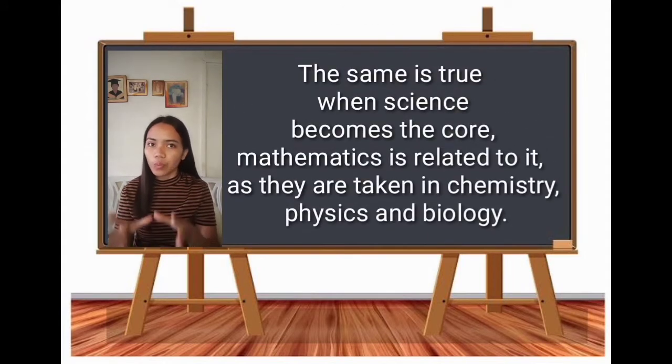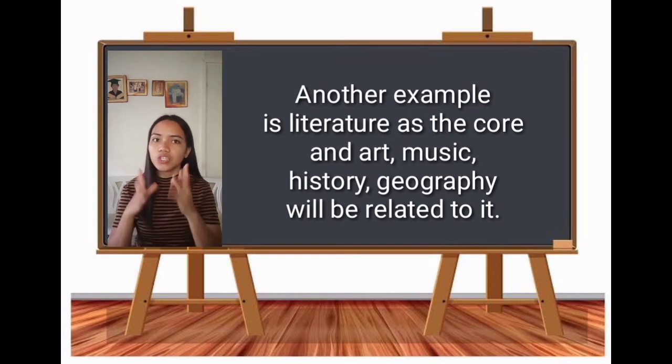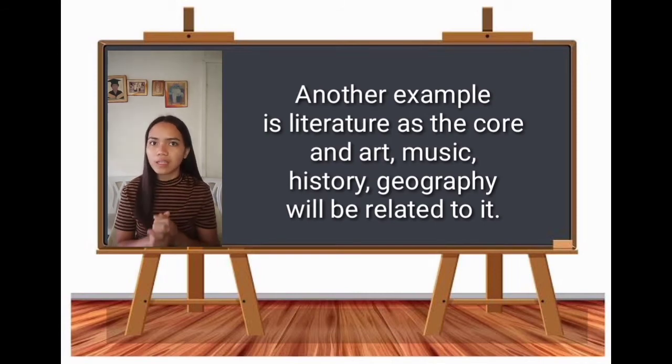The same is true when science becomes the core, and mathematics is related to it, as they are taken in chemistry, physics, and biology. Another example is literature as the core, and art, music, history, and geography will be related to it.